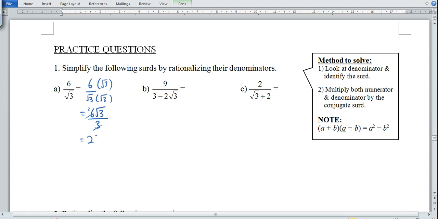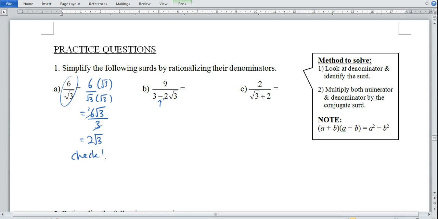So I'm going to get 2 square root 3. Please check on the calculator that 2 square root 3 is the same as 6 over square root 3. Now we're going to look at a fraction that is a little bit more complicated, because now the denominator, 3 minus 2 square root 3, is no longer just a square root 3.